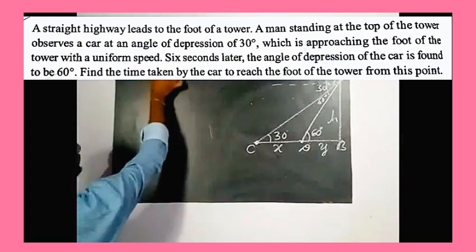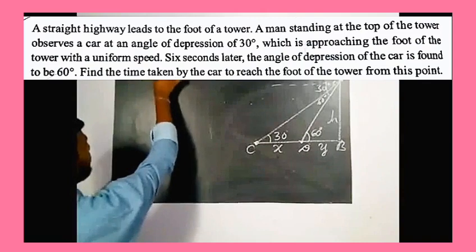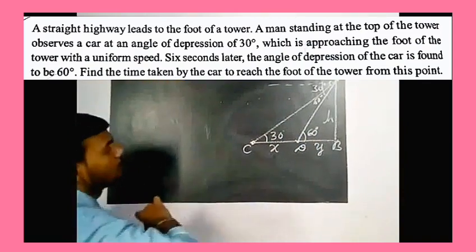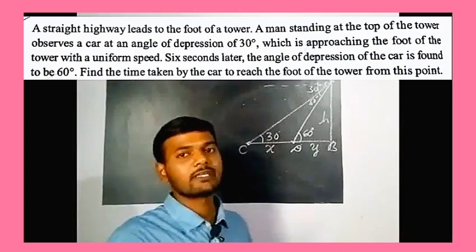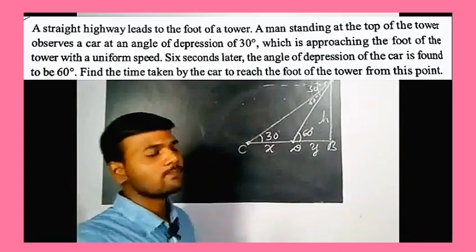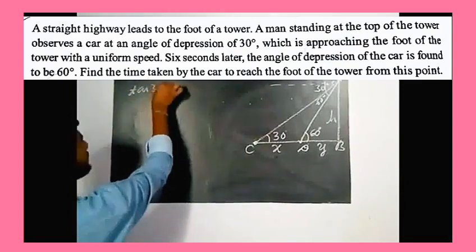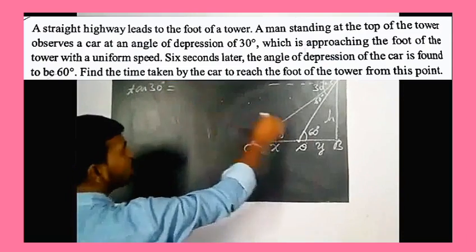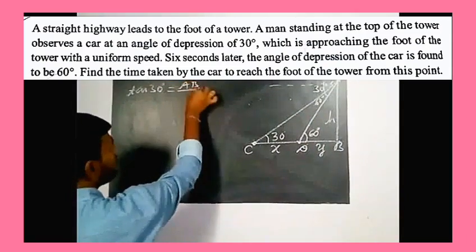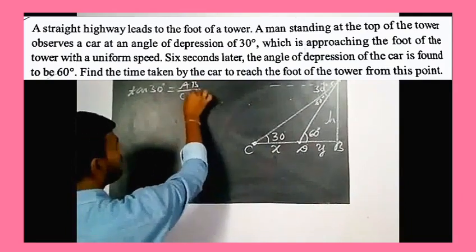In triangle ACB, which trigonometric ratio can we apply here? We can apply tan theta only. So tan 30 degree is equal to opposite AB by adjacent CB.